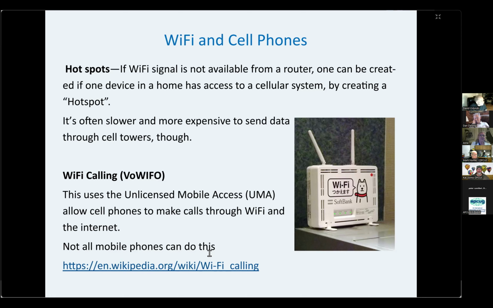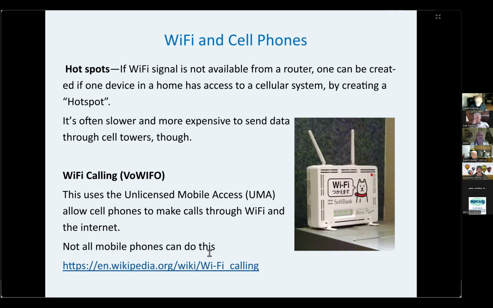Okay, but something that's a little bit less common, Wi-Fi calling. Now, Dan had a phone that would do this years ago, but it kind of did it in a roundabout way by using some networks that it wasn't really supposed to use.